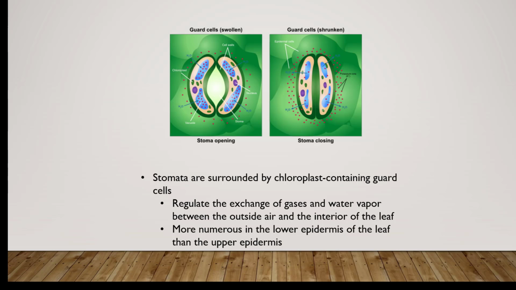So stomata are surrounded by chloroplast-containing guard cells. They regulate the exchange of gases and water vapor. There's always kind of a balance between the outside air and the interior of the leaf. They're looking for that equilibrium. And they're more numerous on the lower epidermis, like I mentioned.